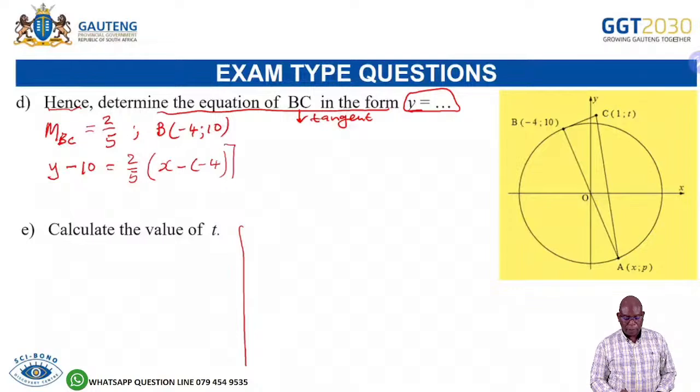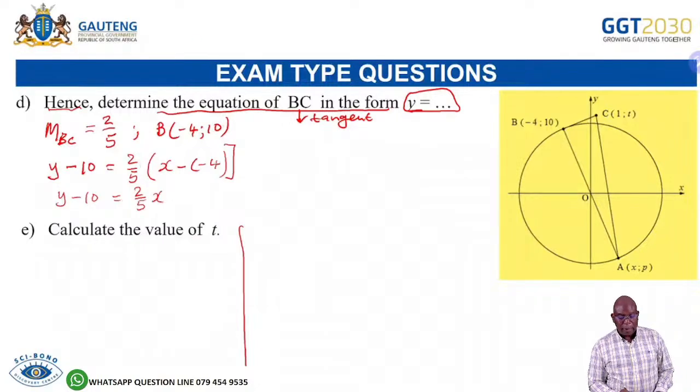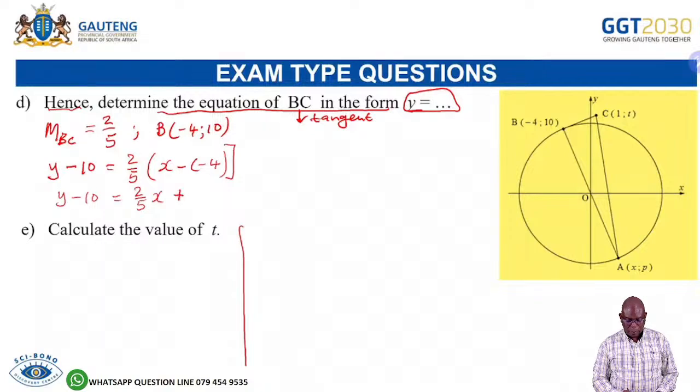All right? So I'll get y minus 10 equals to 2 over 5x, and then 2 times that is going to be 8 over 5. So that will be 2 times that is plus 8 all over 5.